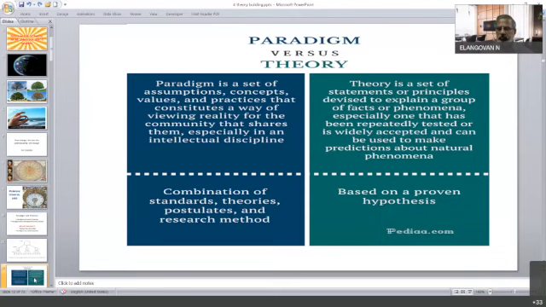That is called a theory. We will break down this definition further in our slides and understand what a theory is. But theory is a statement.